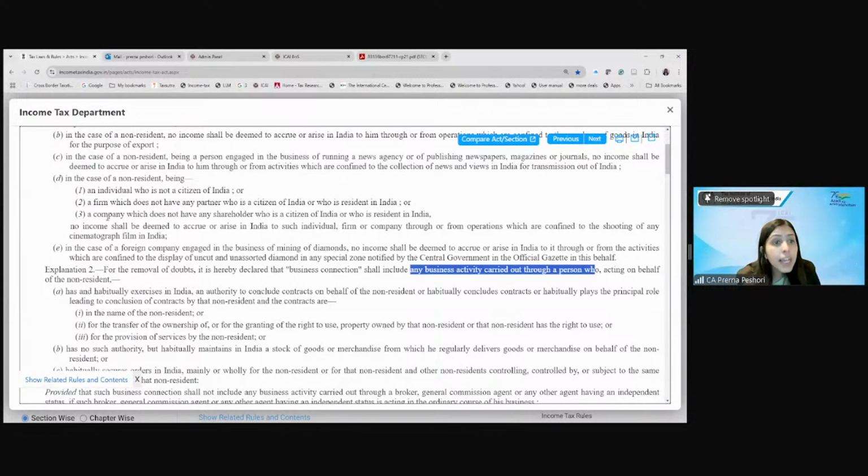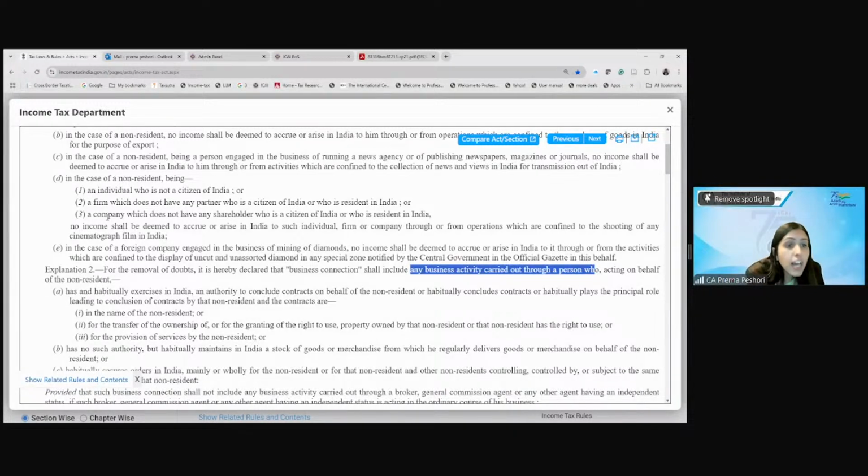But he should be habitually exercising that authority. It should not be an isolated event. As I told you, business connection does not include an isolated activity. For example, if there's an urgent sales order coming up and the non-resident is not available, and he asks his agent to undertake the contract and sell the particular goods, in that particular case, that will not be considered as an agent.